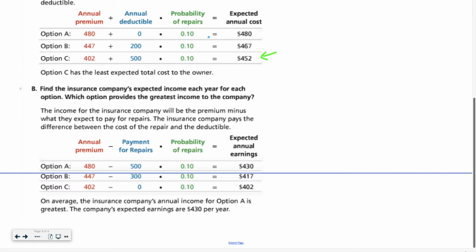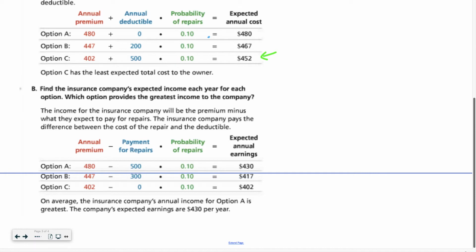So you're going to do 500 times a 10% chance of needing repairs, so 500 times 0.1, and you're going to subtract that total from the premium, so 480 minus that amount, and you end up at $430. That's how much the car insurance company would earn from you, given the 10% chance that they have to pay for repairs on your car.